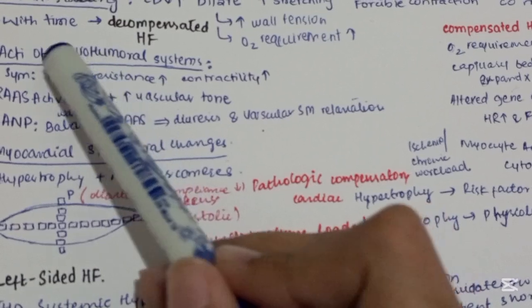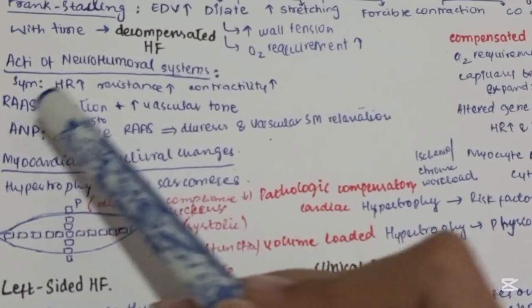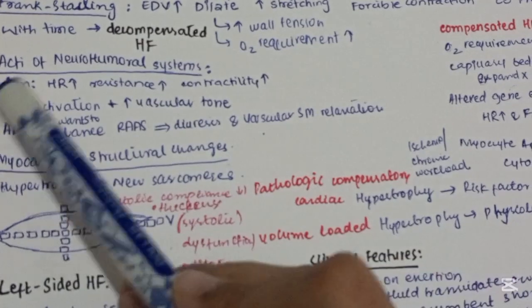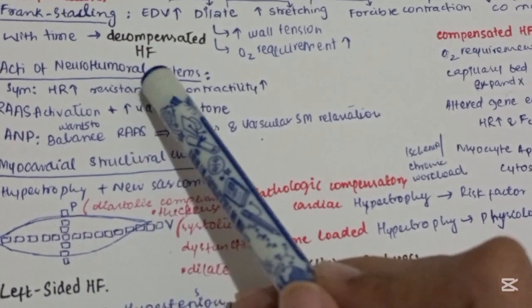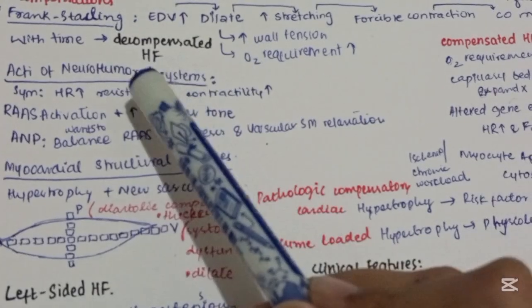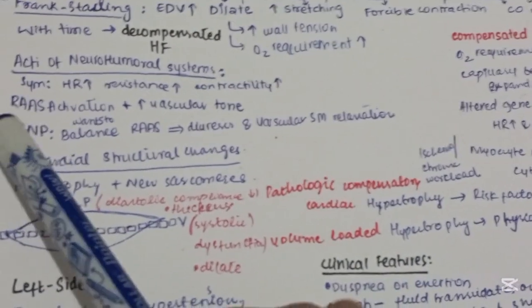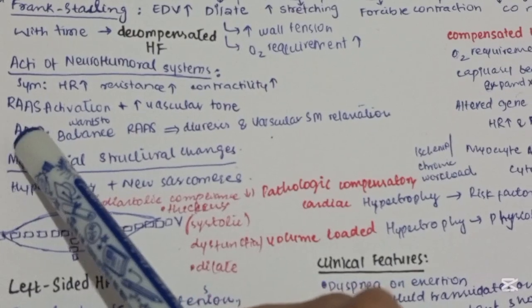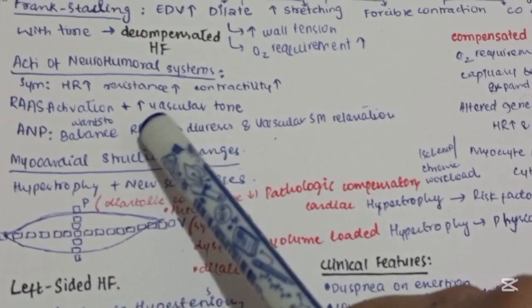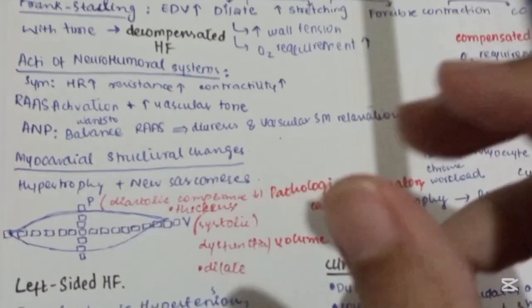Next is the activation of the neurohumoral systems, like the activation of the sympathetic nervous system. It's going to increase heart rate, resistance in arteries, arterioles, and contraction of the venous system. That is going to increase the venous return and increase contractility. Next is the activation of the renin-angiotensin-aldosterone system, and it's going to cause an increase in arteriolar constriction.